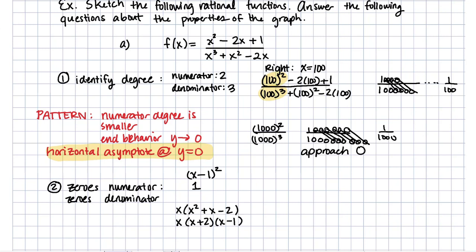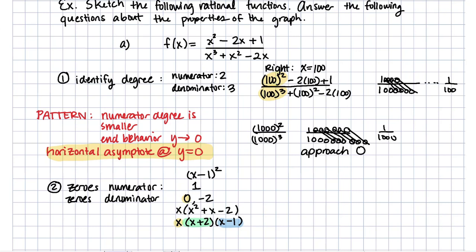Okay, and if factoring is still a bit of a weak point for you, feel free to look at some of my factoring videos on this channel, and also there are a lot of cool YouTube videos on factoring in general by some other creators. So the zeros of the denominator are going to be 0 from the first factor, then negative 2 from the second factor, and then 1.